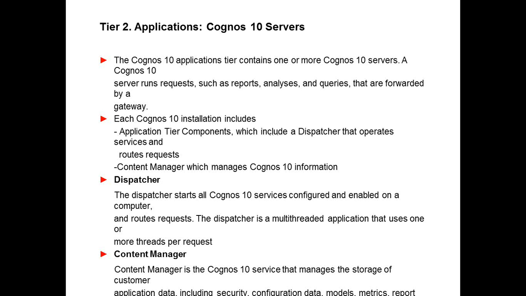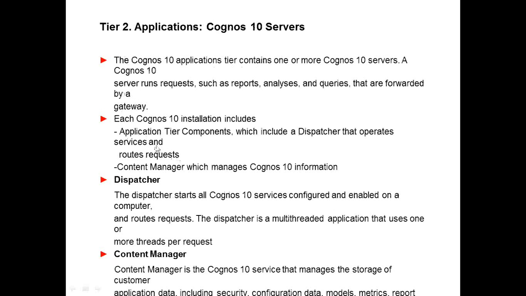In the second tier, the main important thing is the dispatcher, which will direct the services. If you open a report, that particular report information will go to the next level using this dispatcher.